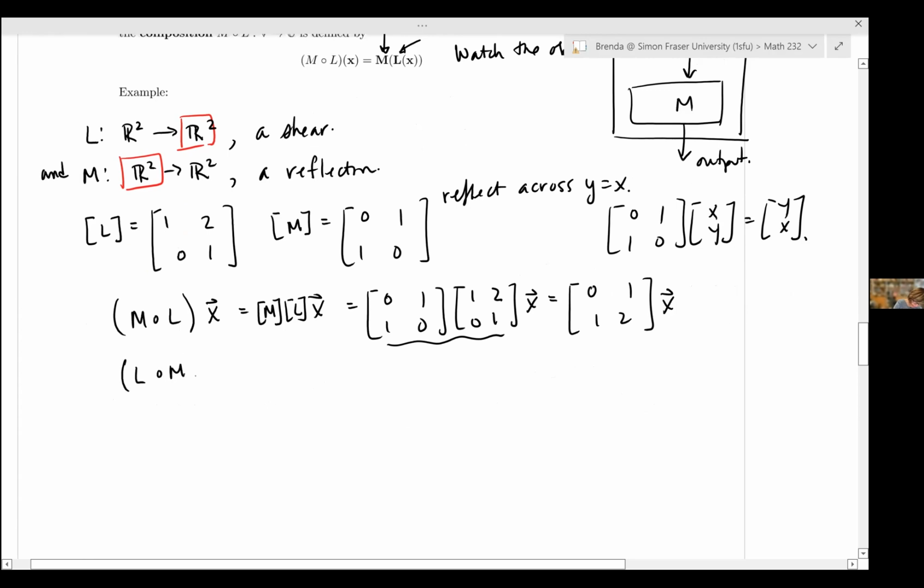Okay, now let me do it the other way around. L composed with M. And in that case, I am going to take my vectors x. I am first going to multiply them by the matrix representing the transformation M, and then the other. So it's still in the opposite order. Okay, let me go ahead and do that.